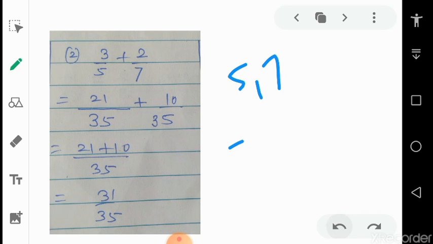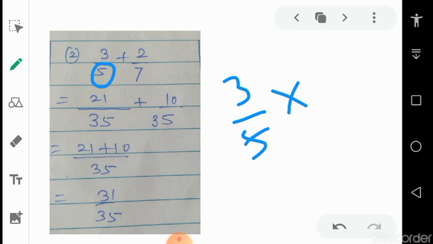Now to make 5 equal to 35, we multiply it by 7. So here this denominator can be multiplied by 7. Now we multiply the first fraction in this way, because we cannot write only 7. We have to write the numerator also, that is equal to 7.